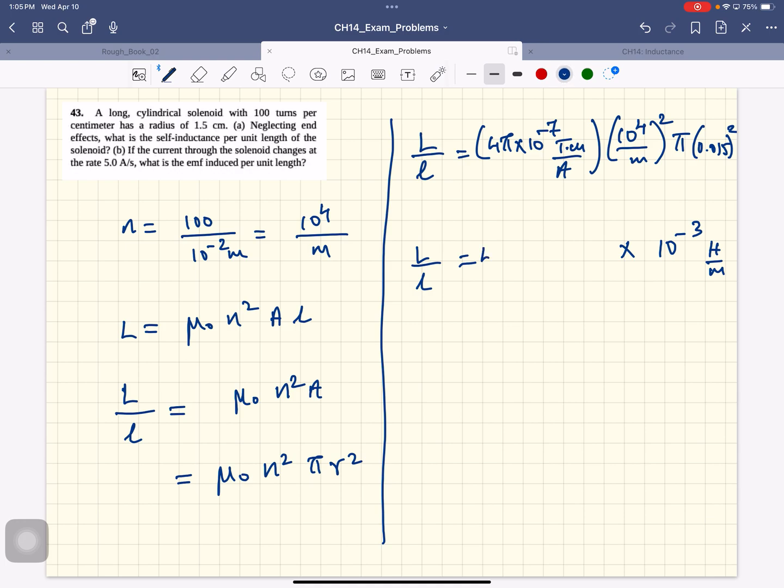And then that's 4 pi times 1.5 squared. Oh, there's another pi, 4 pi squared.